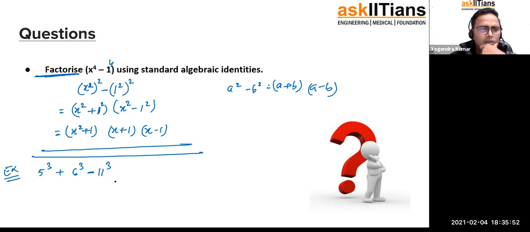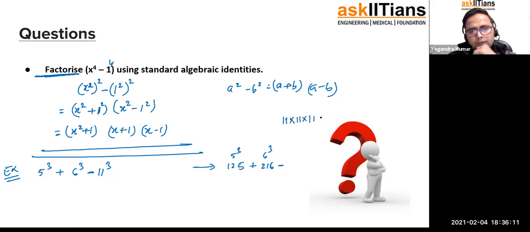So if I do it directly, 5 cube is 125 plus 6 cube is 216 minus 11 cube. 11 into 11 into 11 is 121 into 11, which is 11 ones are 11, then 11 twos are 22 and 1, so 3, and then 1. 1, 3, 3, 1 we are getting. Right? This is what we got.